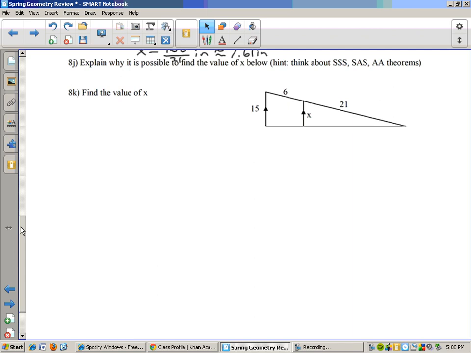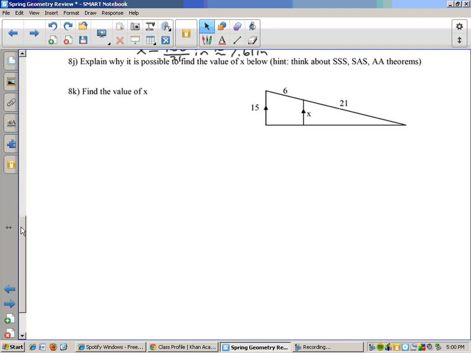All right, so 8J, explain why it's possible to find the value of x below. Explain why it's possible. Okay. Think about side-angle-side and side-side-side and angle-angle theorems. Well, I'm going to tell you that if I was going to do this, that we can, because these are parallel lines, we can say that those are corresponding angles that are congruent, and they share an angle here.